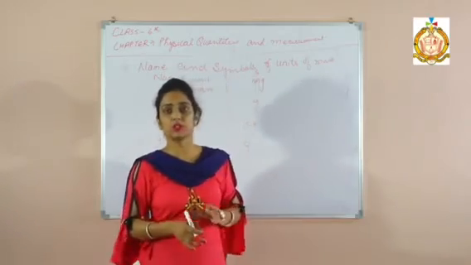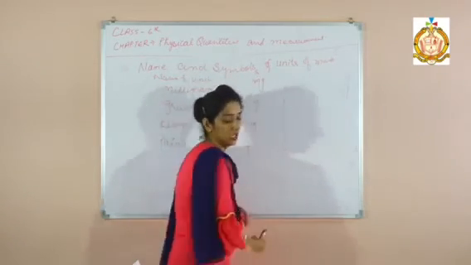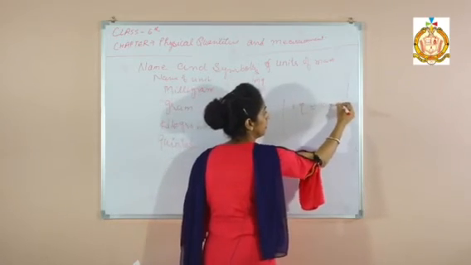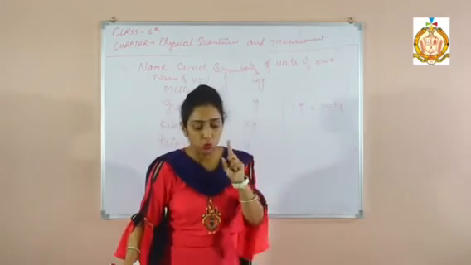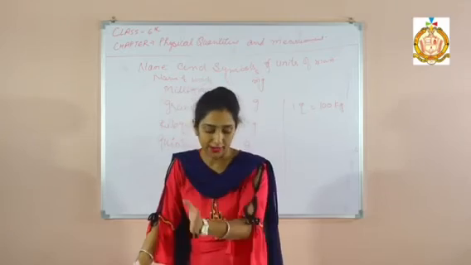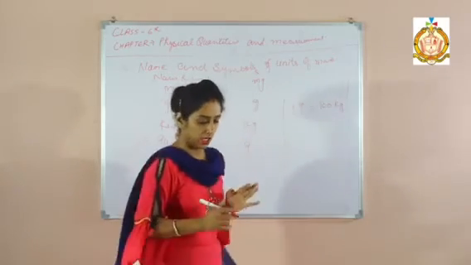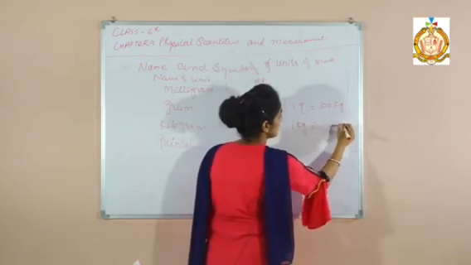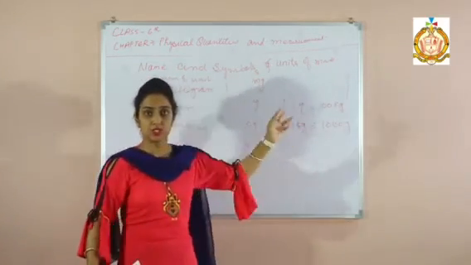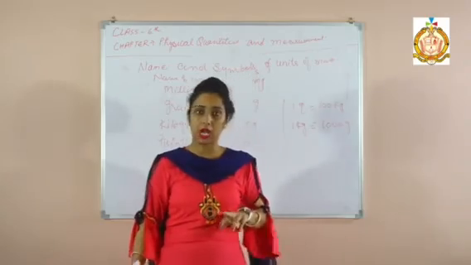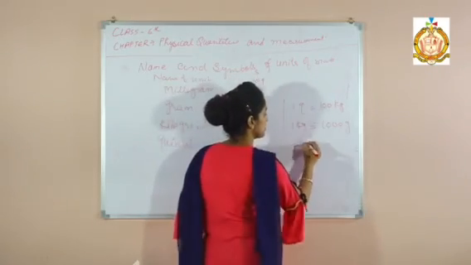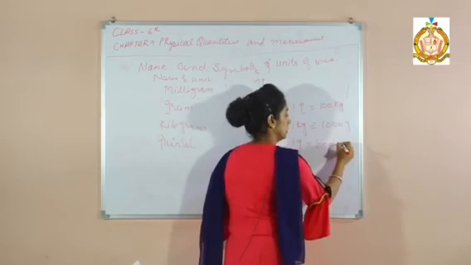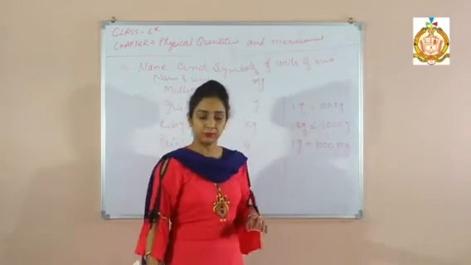So what is the conversion between the units of mass? 1 quintal is equal to 100 kg. And 1 kg is equal to 1000 gram, and 1 gram is equal to 1000 milligram.